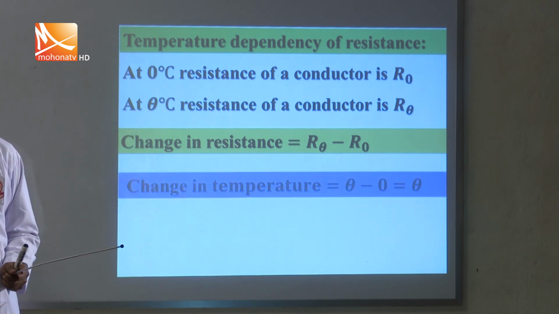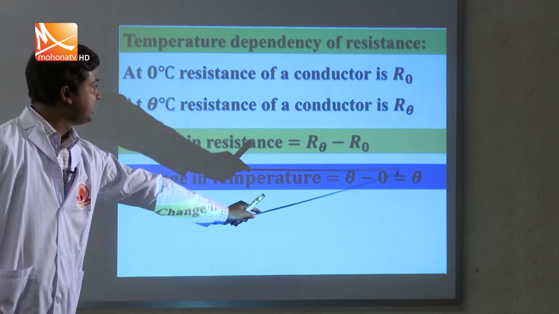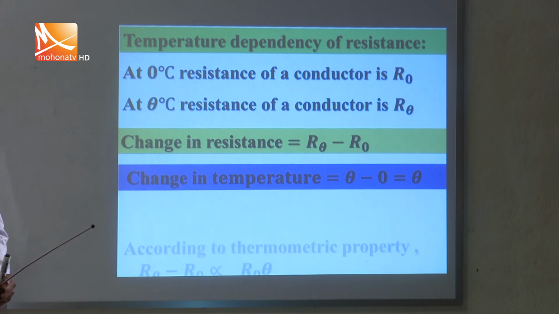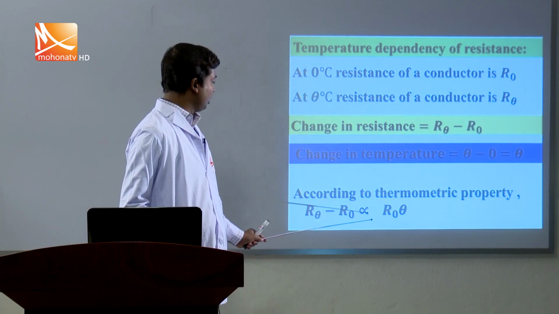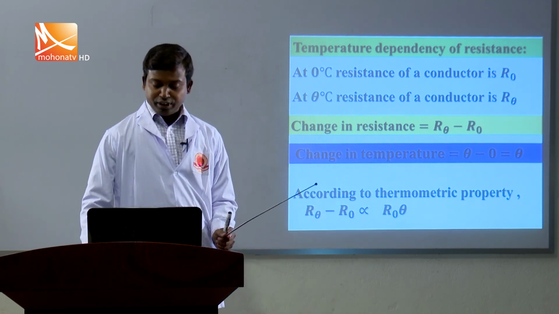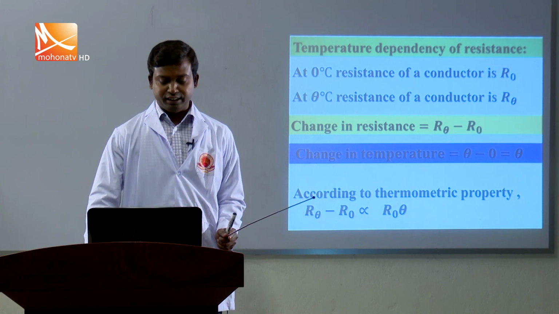So what is the increase in temperature? That is theta minus 0, which becomes theta. According to the thermometric property of resistances, or from the laboratory, you can write R theta minus R naught proportional to R naught theta. This is the simple relation that we get from experiment.